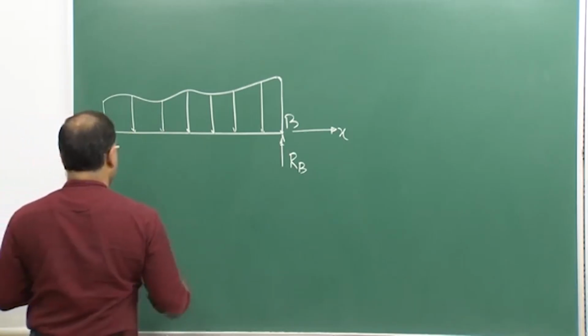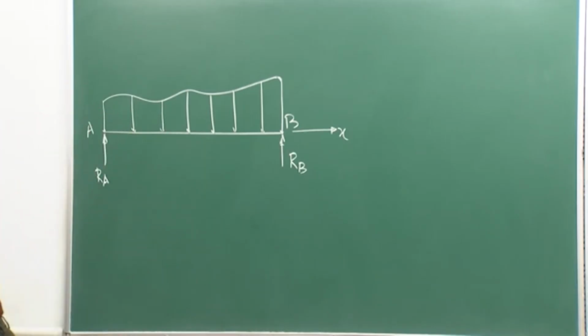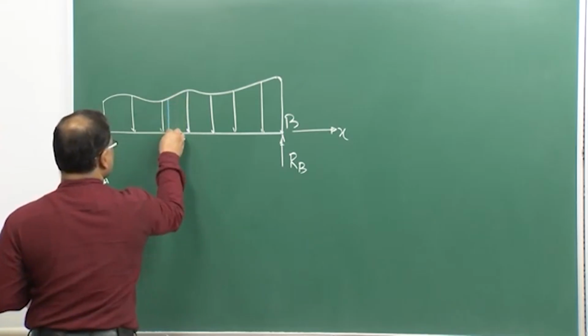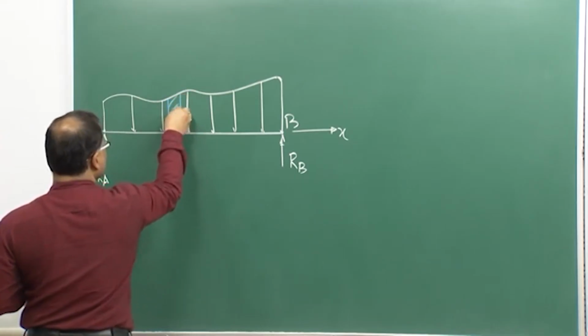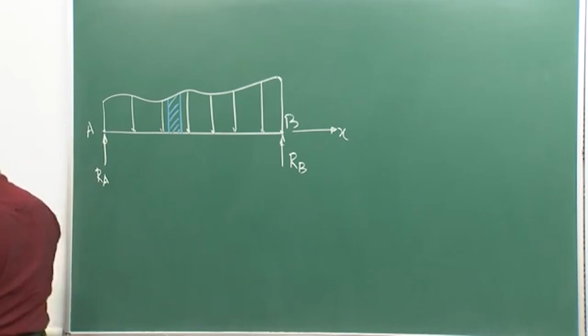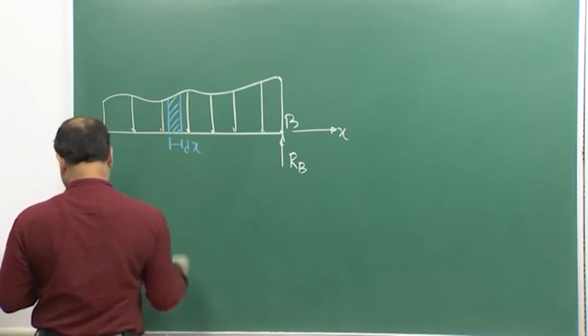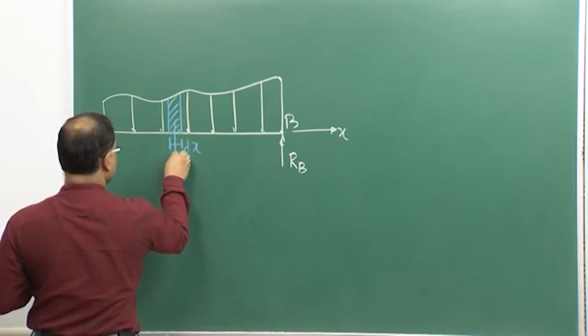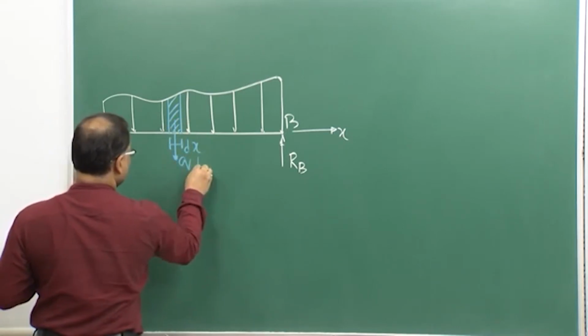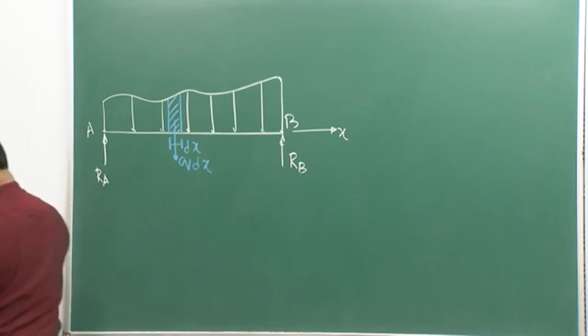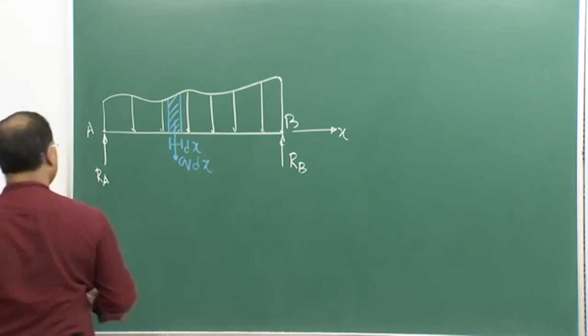And you are considering one small element dx, and this total load is q dx, where q is your uniformly distributed load intensity.